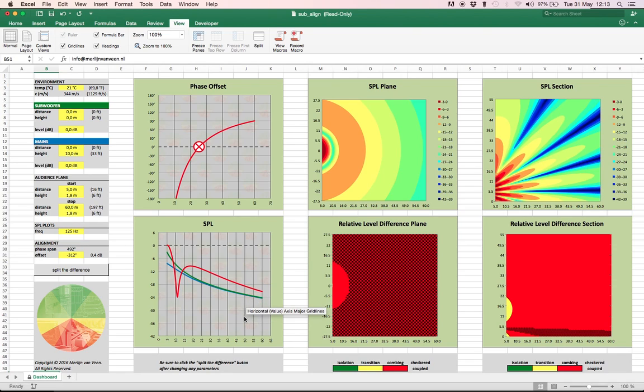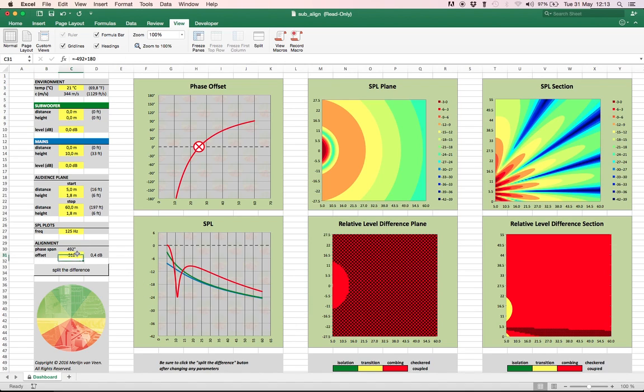And that is the trade-off. So if you want to cater more of your audience with coupled sound, then the price you end up paying for that is tonal variance. That being said, for this particular example, this would still be a very acceptable solution.